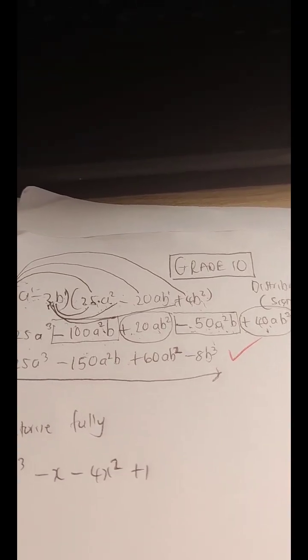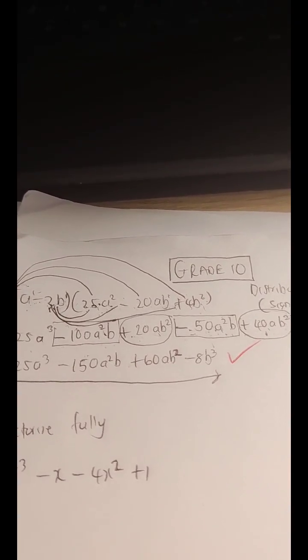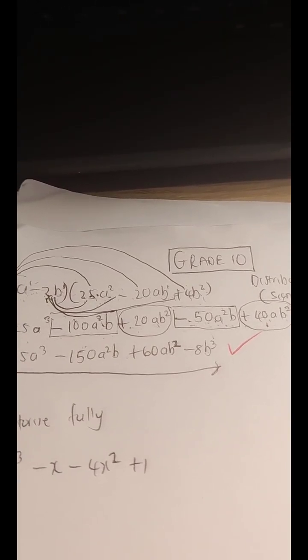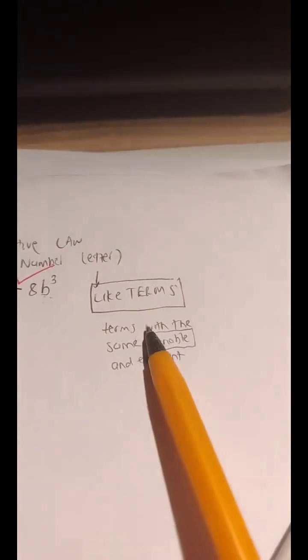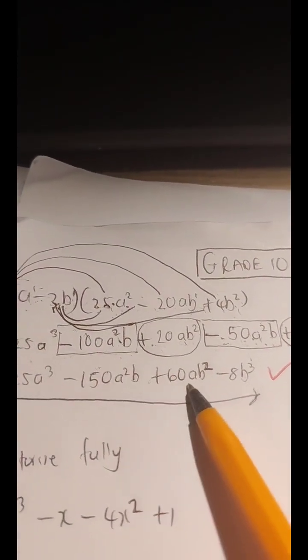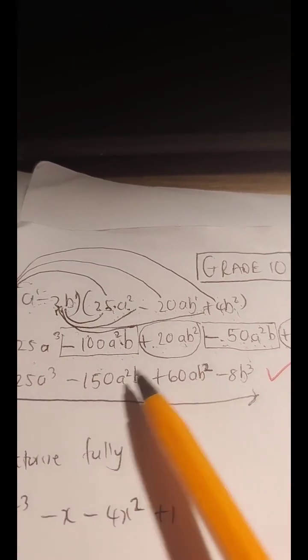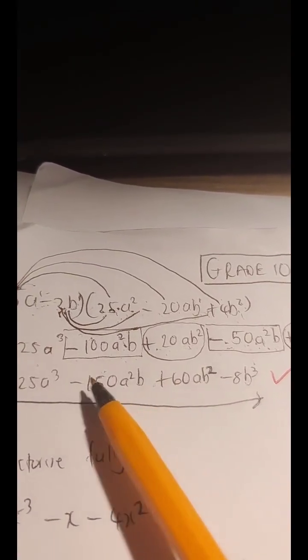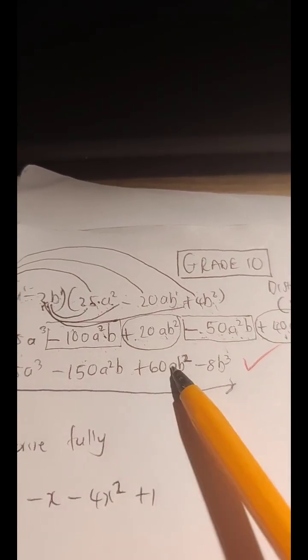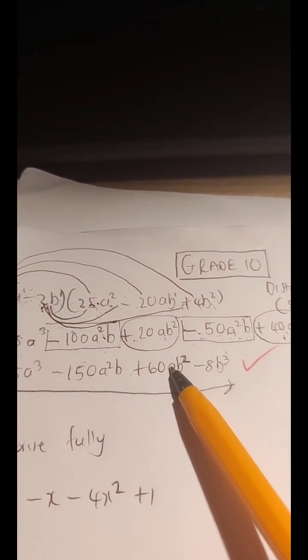So get it into your mind and heart, and never forget this, that we can only add and subtract like terms. What are like terms? They are terms with the same exact variable and exponent. If they have the same variable but the exponent for those same variables are different, we regard them as unlike terms, and therefore we cannot add or subtract those kinds of terms.